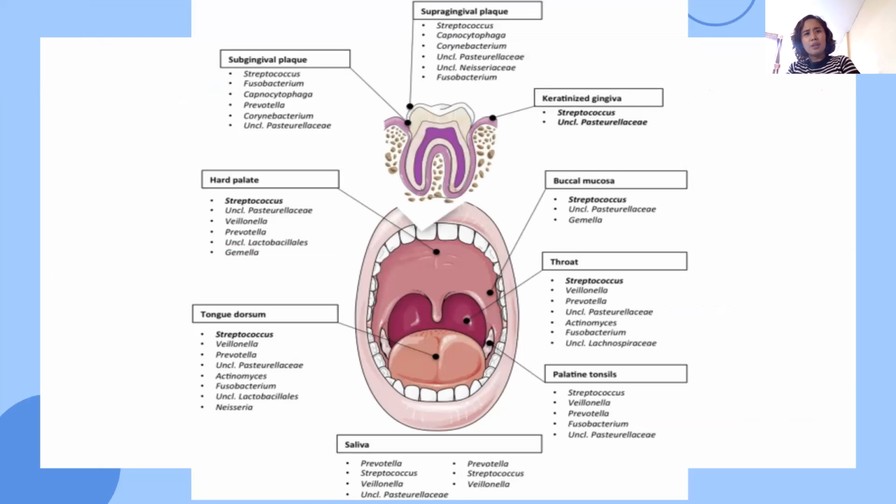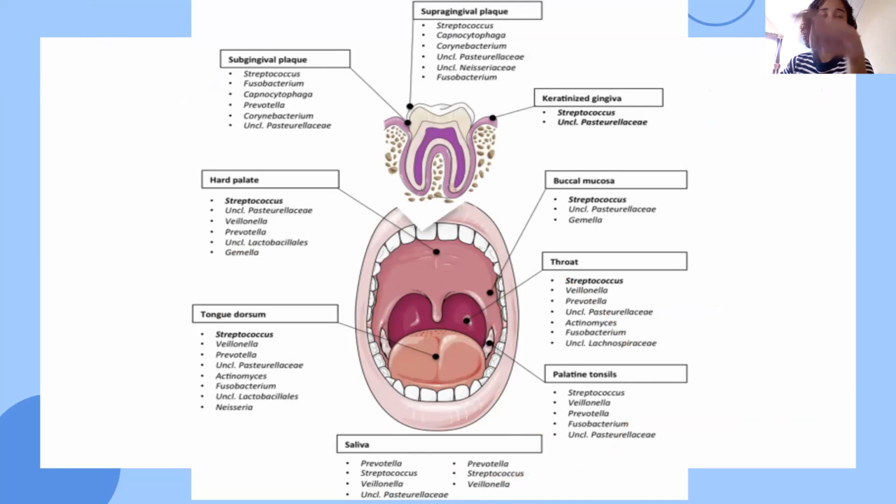Okay? So guys, this is just an overview kung ano yung mga bacteria present in a certain area. So in an area where it's exposed with oxygen, so most probably talagang mga obligate aerobes or facultative aerobes yung mga nasa top of the tongue, yan.